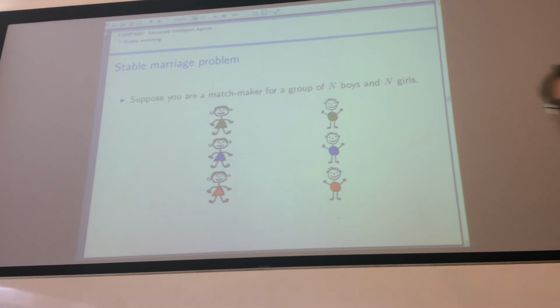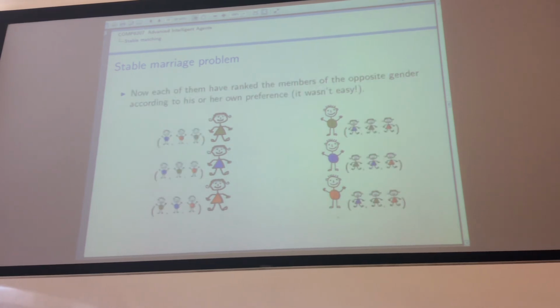So we have, as before, boys and girls, and each of them comes up with a full ranking of the opposite gender side. It's not easy to rank everyone, but assume that it's been done.